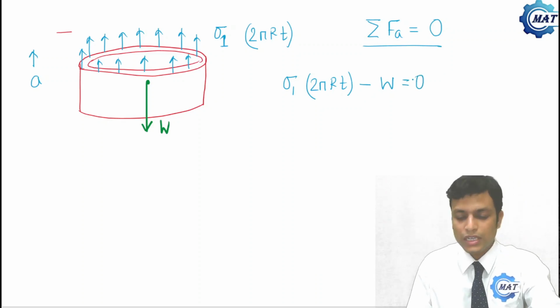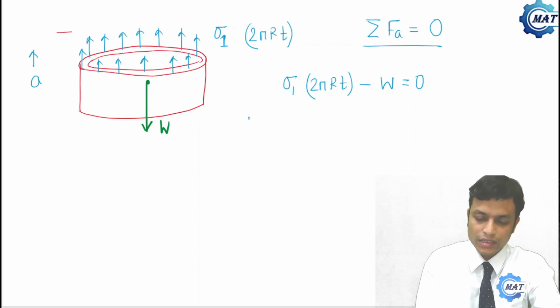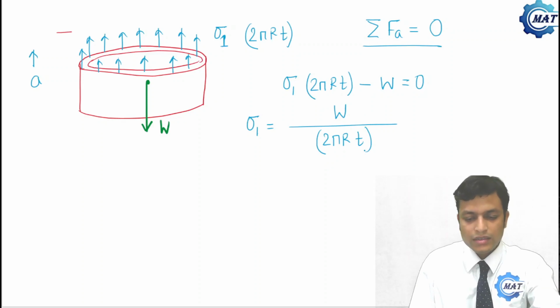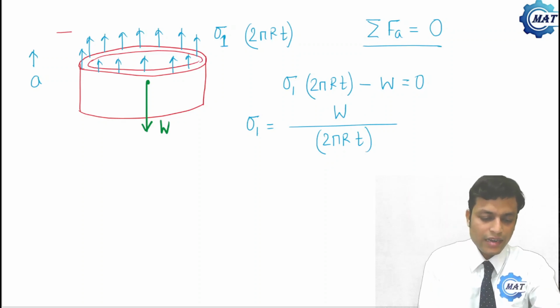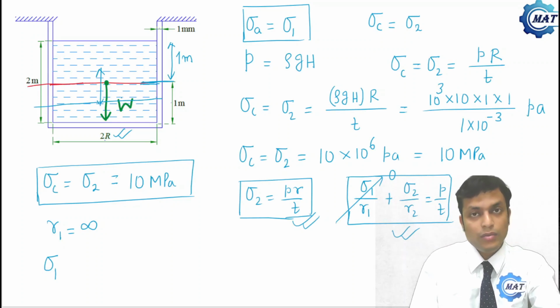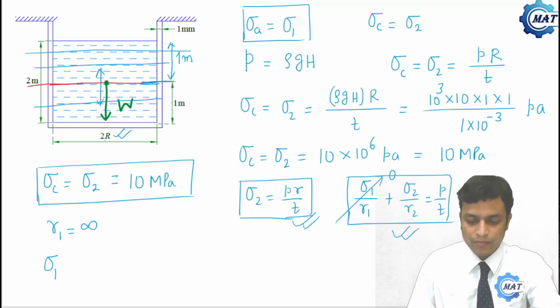Now from this boundary condition we can calculate sigma 1. So sigma 1 becomes weight of the liquid divided by 2 pi r t, and sigma 1 is the same at any section, at any height. That stress will balance the weight at that height.